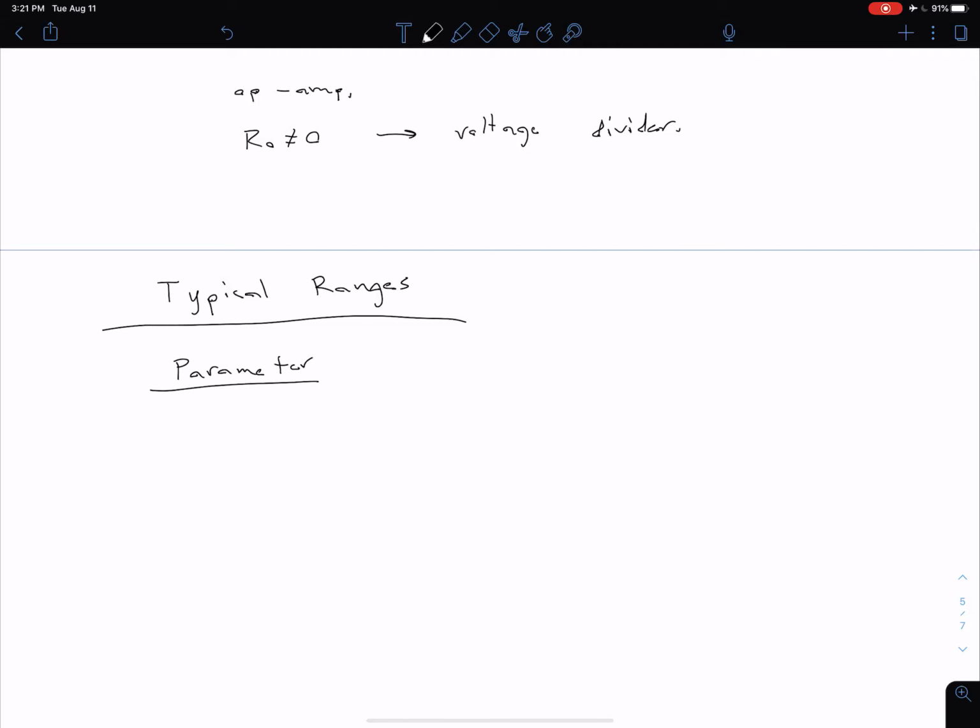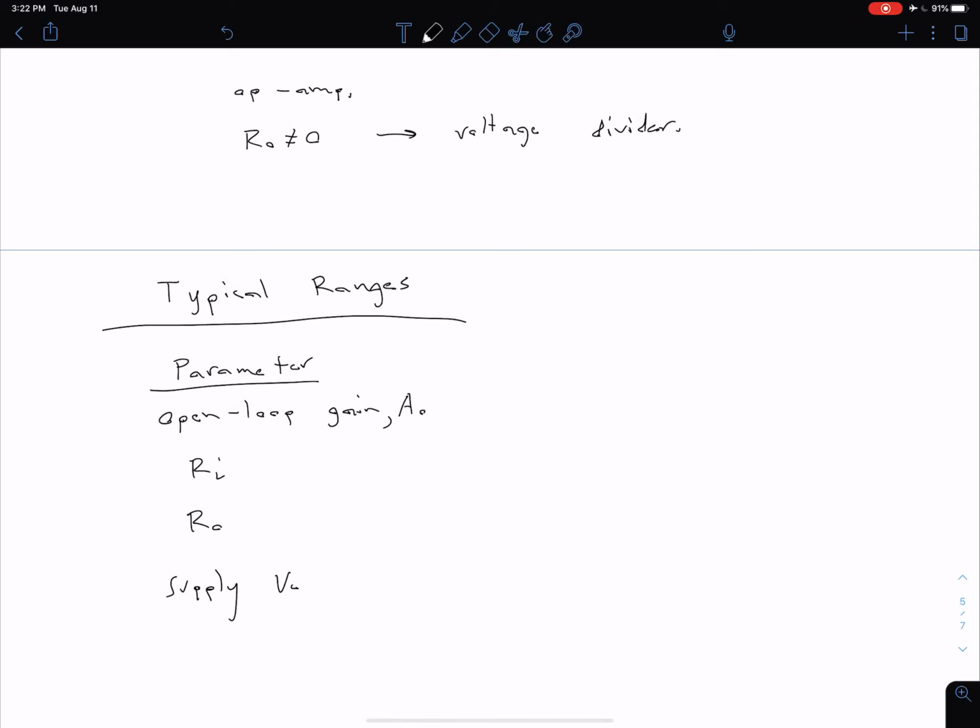So a couple of big parameters of interest. We have, of course, our open loop gain, and I'm going to write it out just so we get used to seeing what that is. So our open loop gain is A naught. Our input resistance, Ri, is another important one. Our output resistance, and then we'll also just mention our typical ranges for supply voltage.